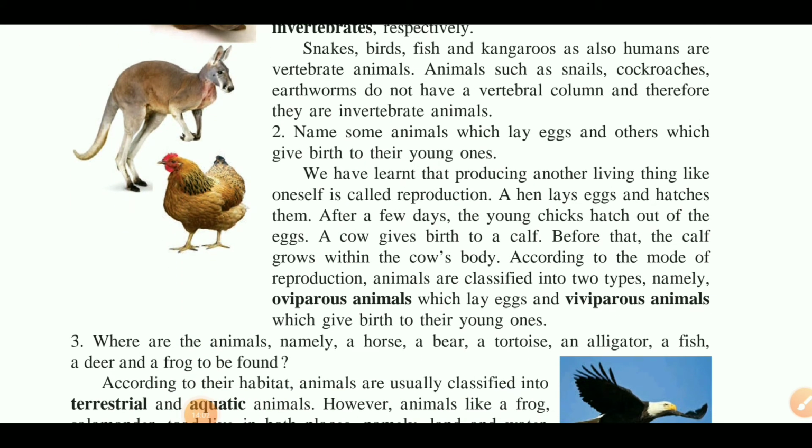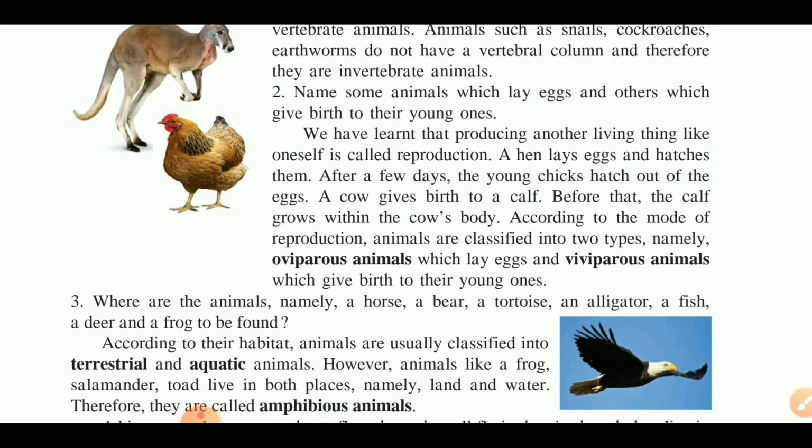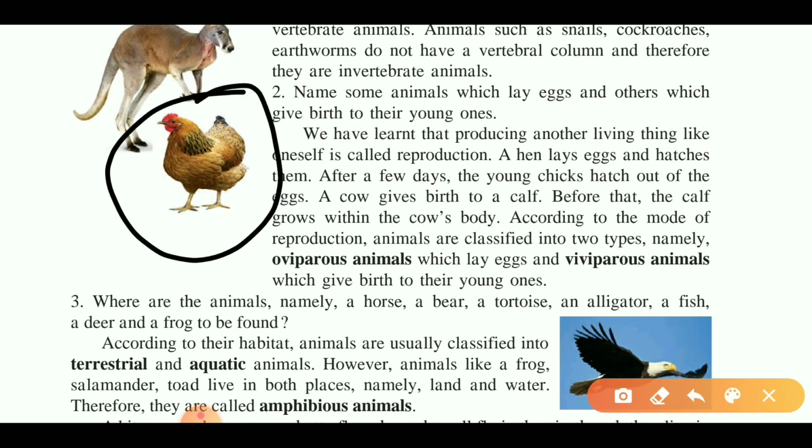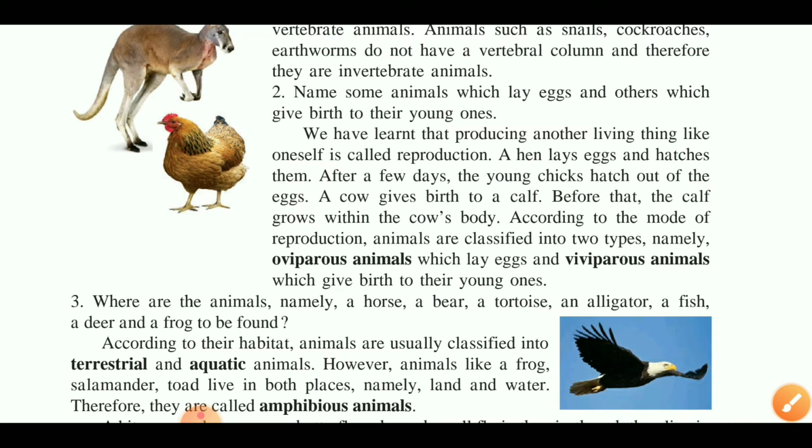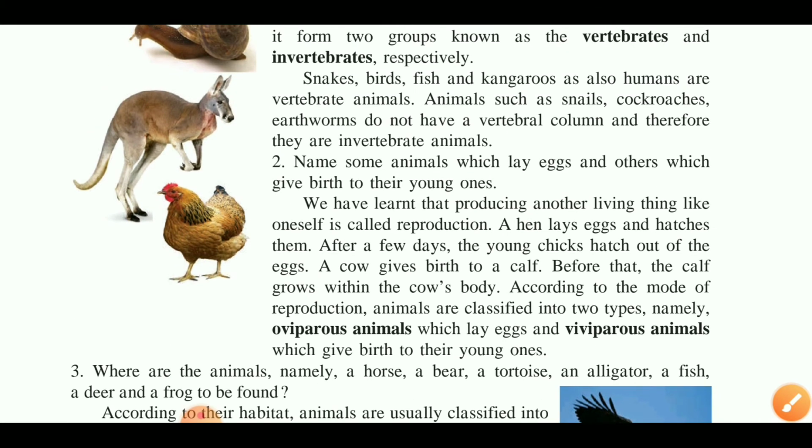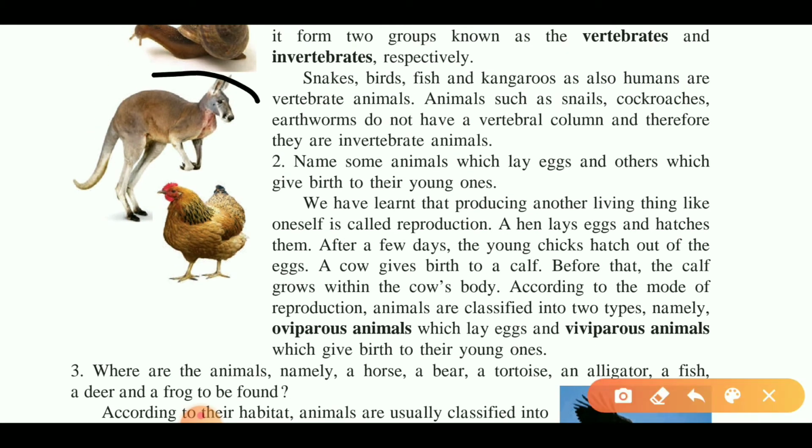Name some animals which lay eggs and others which give birth to their young ones. Now, simple one. This is laying the egg. Okay. Now, these types of animals lay eggs, and these types of animals give birth to young ones. Okay. Now, these are the two different types of animals.